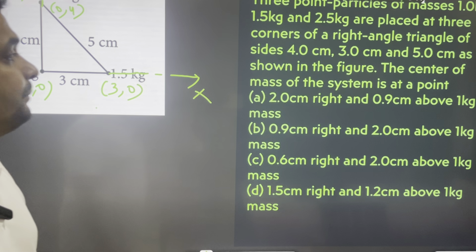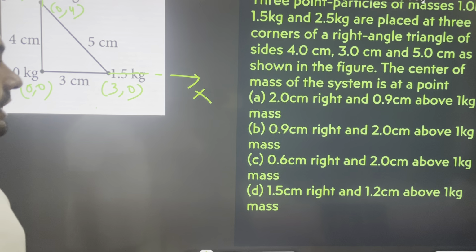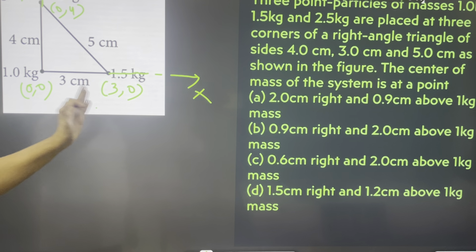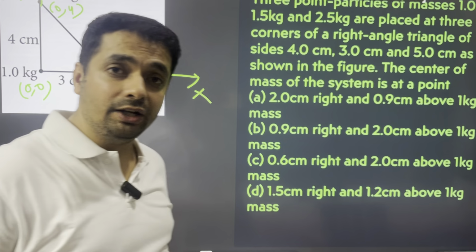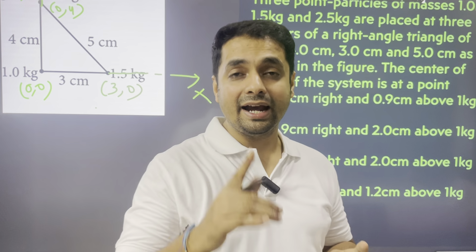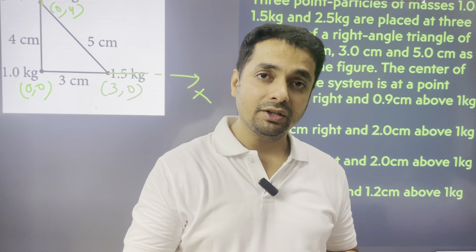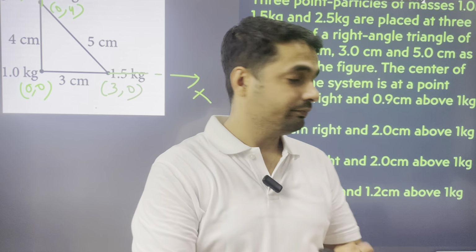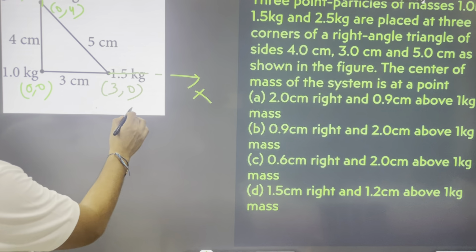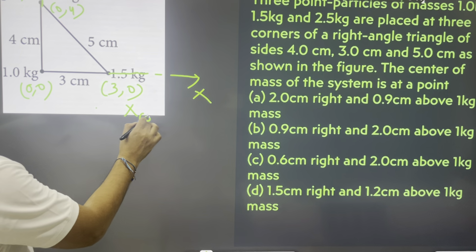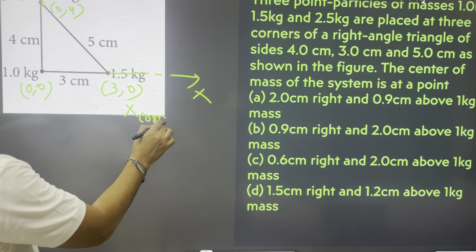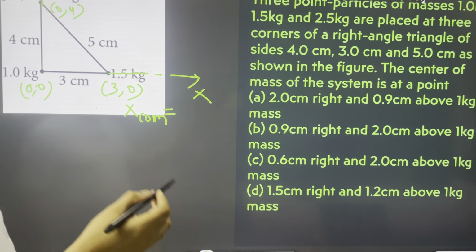Okay, now we have to find the center of mass position. Since the particles are in x and also y, two coordinates of the center of mass will come, x center of mass and y center of mass. So we'll find both. First we'll find the x center of mass. The formula is M1 x1 plus M2 x2 plus M3 x3.